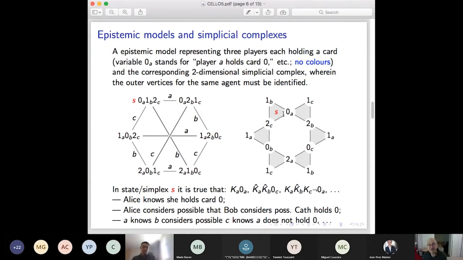And indistinguishability between two different distributions of cards now means that these triangles intersect in one vertex, in one point, that is the point for agent A. So agent A doesn't know whether this is the case or whether that is the case. Similarly, agent C, who holds card 2, is uncertain between the distribution 0, 1, 2, or the other distribution 1, 0, 2, wherein the cards of A and B are swapped. Similarly, agent B, and so on.